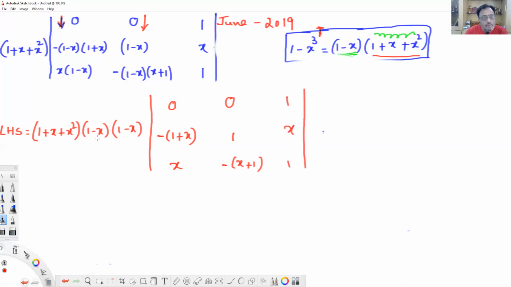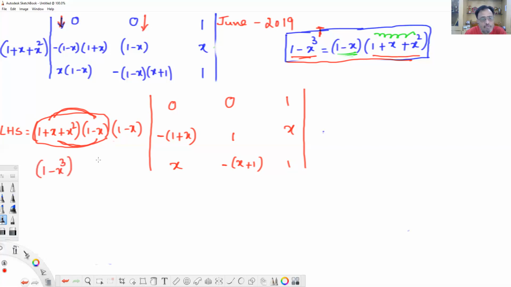Look at it. 1 minus x into 1 plus x square here. Here you see that formula already I have written. 1 minus x into 1 plus x square formula is what? 1 minus x cube.